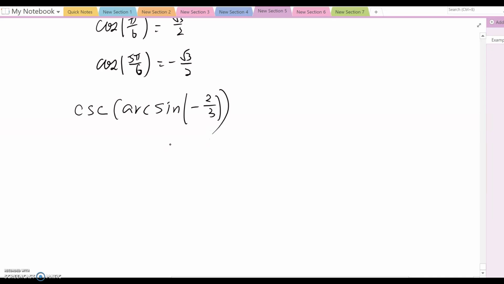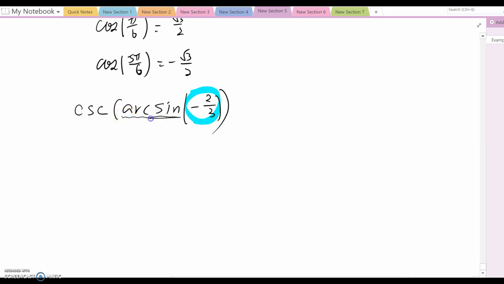Unfortunately, negative 2/3, this value is not on the unit circle. So you have two different methods here. One is using the calculator, or you may use a triangle. But this time, we may ask you to find the value without using a calculator, so I'm going to use the triangle formula.